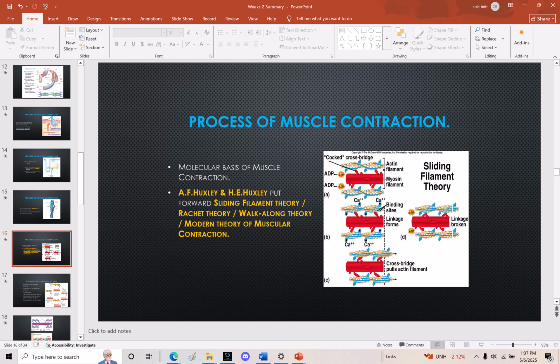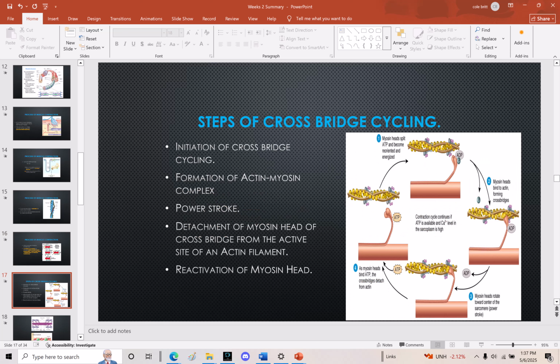Okay. So we remove the troponin because of calcium. Opens up the binding sites on actin so the myosin heads can attach.